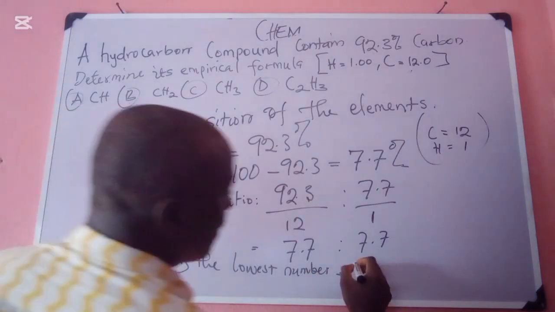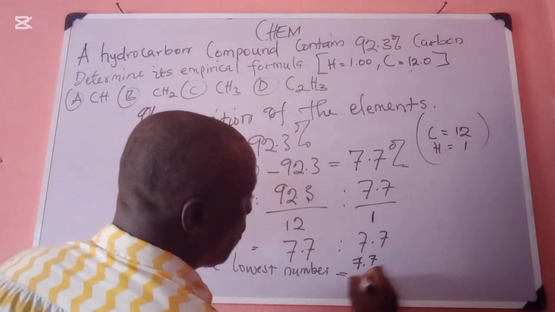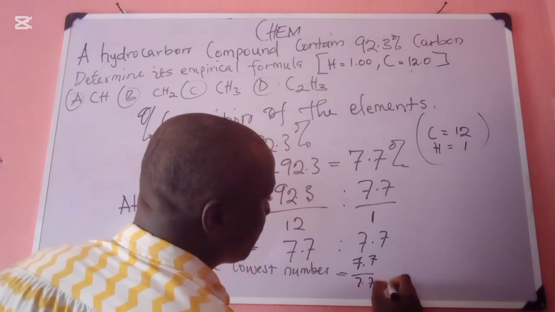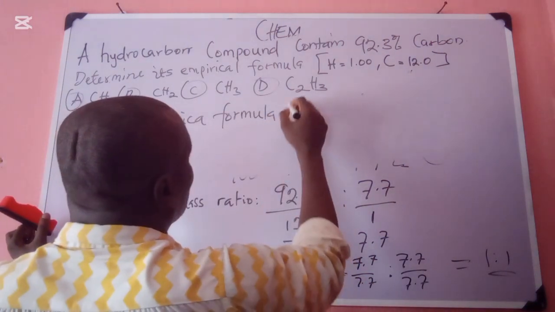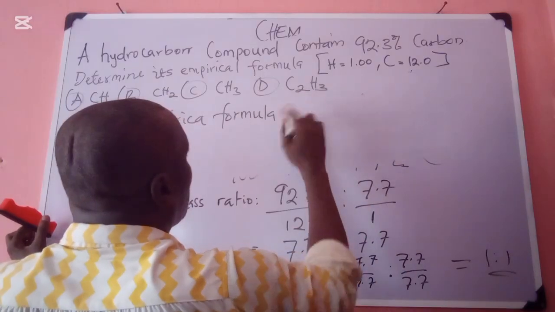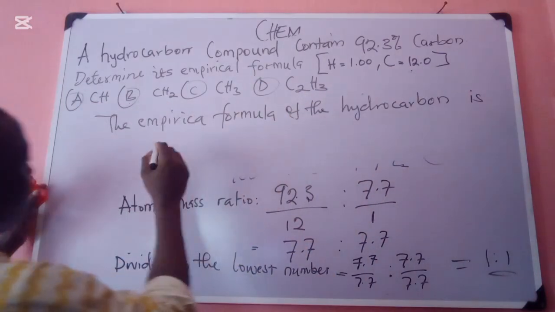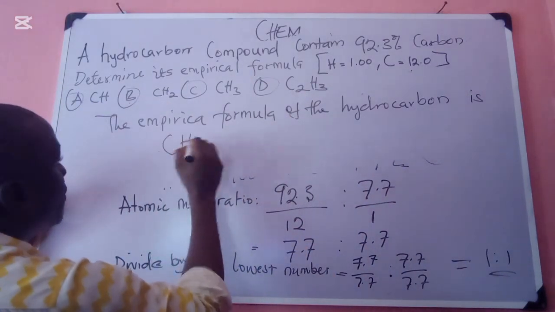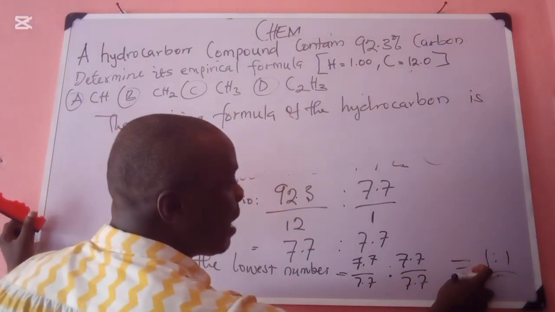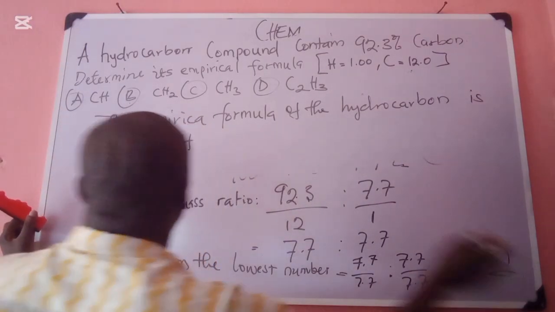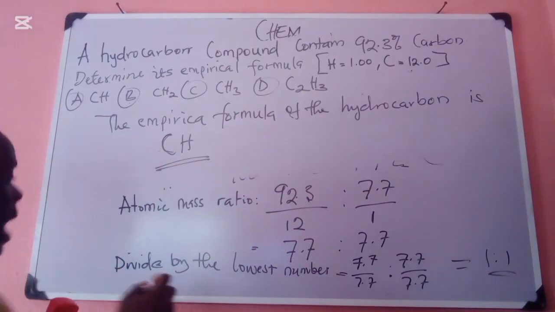So we now have 7.7 over 7.7 for the hydrocarbon, which gives CH, because we have one carbon and one hydrogen. So this is our answer.